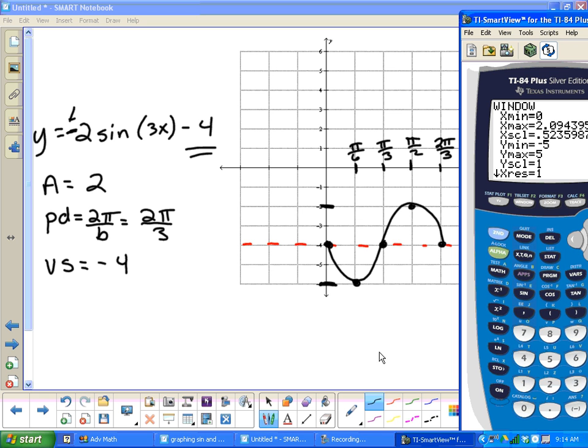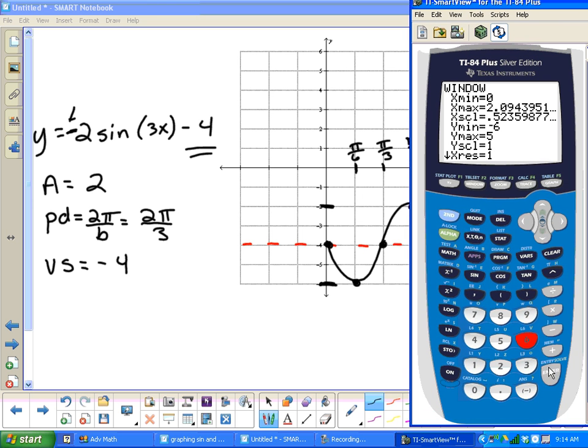Y min would be -6, and y max would be -2. Okay, so -6. All right, -2. Probably still going to scale the y's by 1. Now I can check it on my graph here.